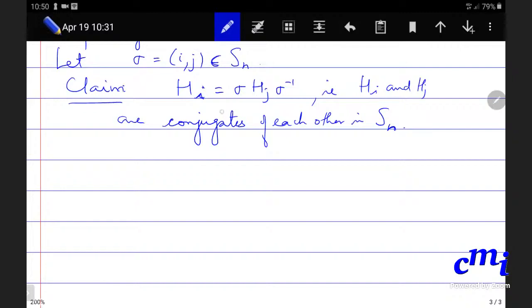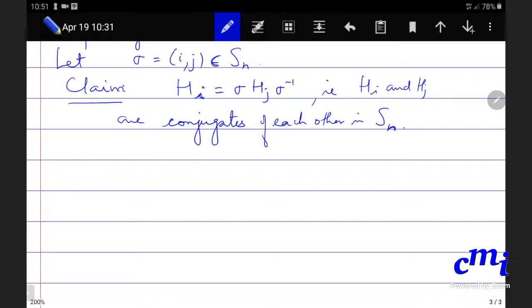This is what we would like to show, so let us prove it in both directions. In the specific example we will use that sigma squared is identity, but that's not really relevant in the proof. Let us still try to prove this concretely, showing both inclusions.